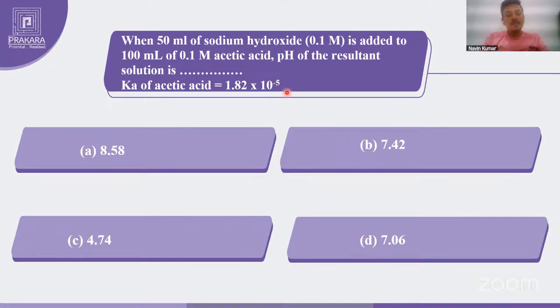For the explanation of this question, I am going to use one image. See that image carefully and listen to each and every step carefully to know the correct option. For now the correct option is 4.74, but we are going to see how this 4.74 will come.